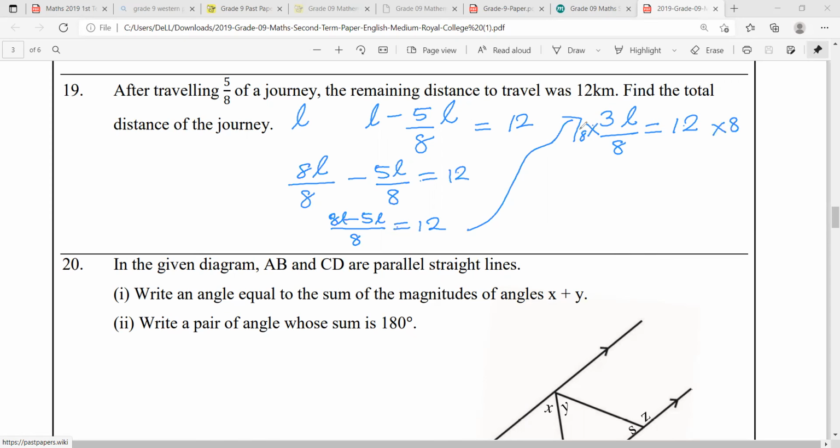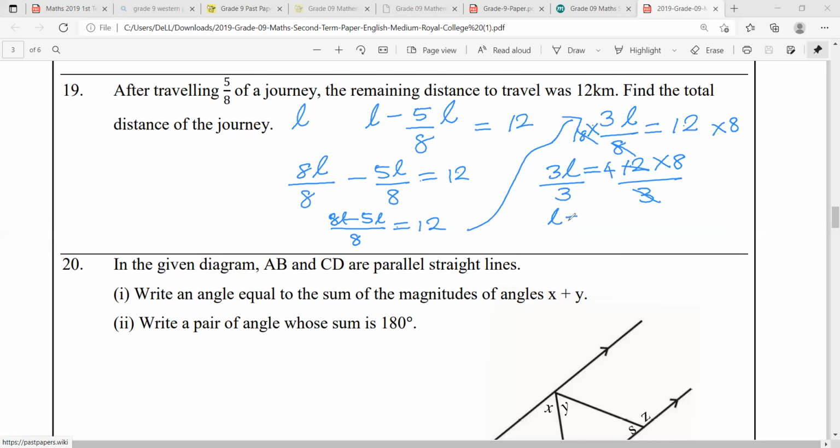Then I get rid of this 8, and here I get 3L is equal to 12 into 8, and then I can divide by 3 here also, then you get 4, right?